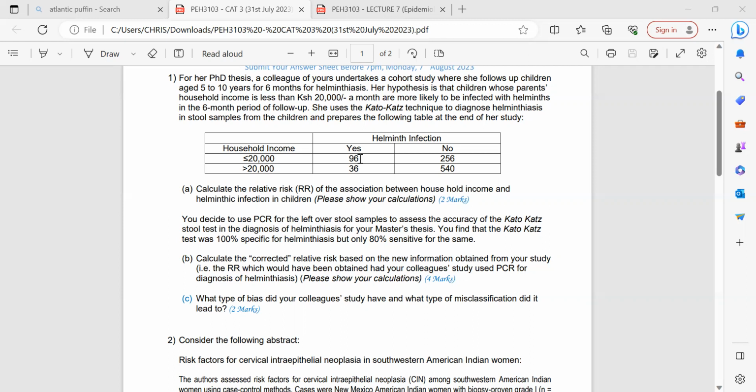And that is why for this column of yes, which is positive, we say 80% of 96, we get to know how many were picked wrongly, which is 19. And we did the same 80% for 36 and saw they were picked 7 wrongly. So they were supposed to be negative, but they were picked as positive.